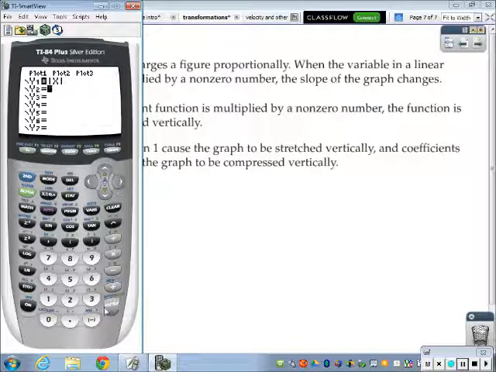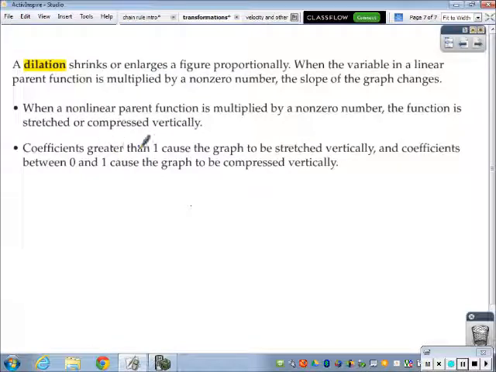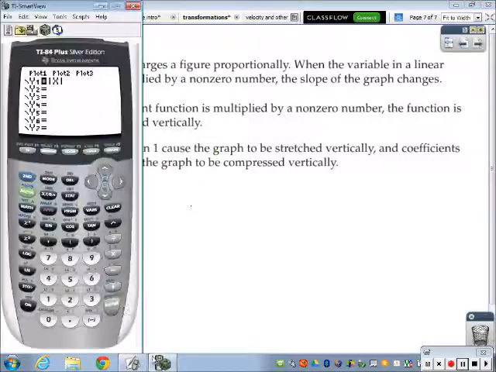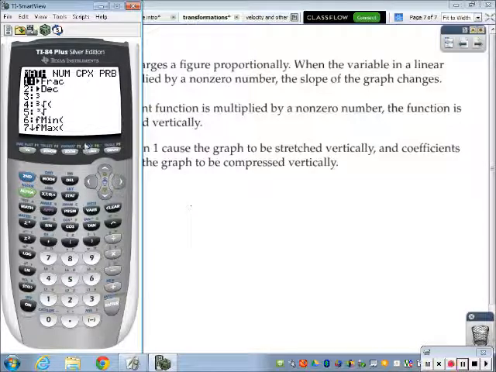Okay? And then let's pick one where it is a coefficient greater than 1. So my next one, a number greater than 1, let's go with 5. And then I need to get the absolute value notation again, and x. So now I have a coefficient greater than 1.